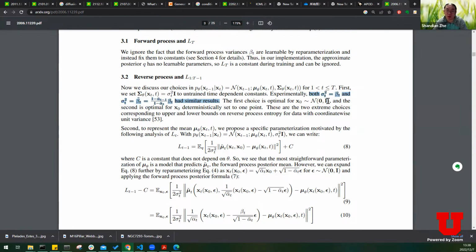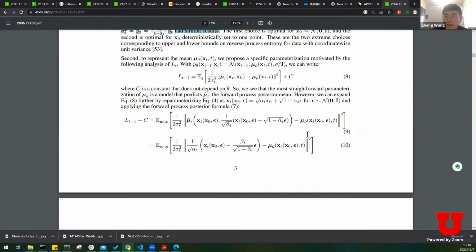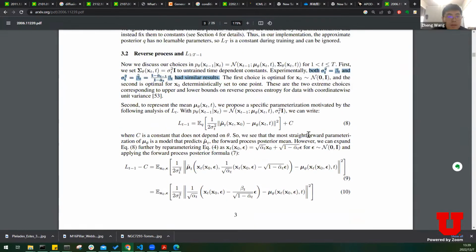You can choose it to be consistent with the exact derivation, which is beta tilde t, or you just set it to be beta t. Empirically they have the same performance. And in their experiments, they try another sigma t, which is bigger than both betas here.